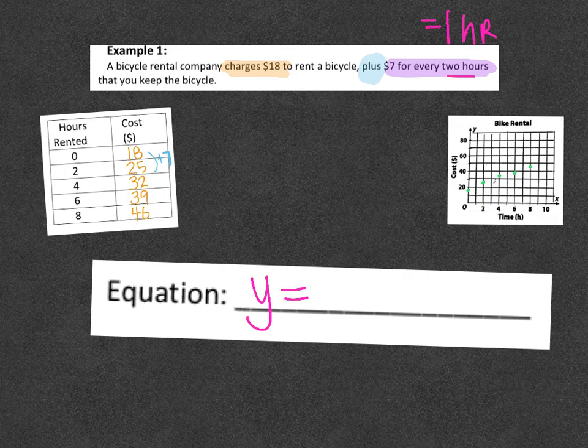If 2 hours is $7.50, then 1 hour would be half of that, which is $3.75. So that's the number I need to use for my equation. 3.75x. Each and every hour I keep the bike, I'm going to pay that plus the $18 charge just to rent the bike.